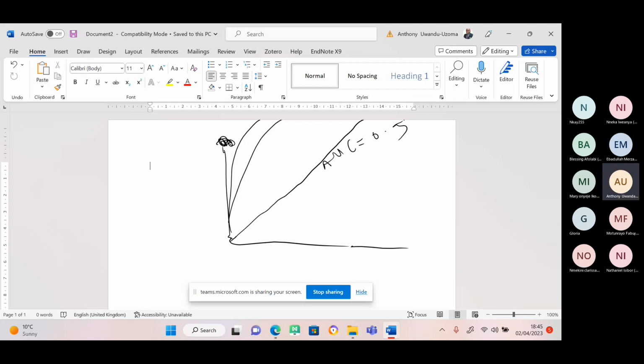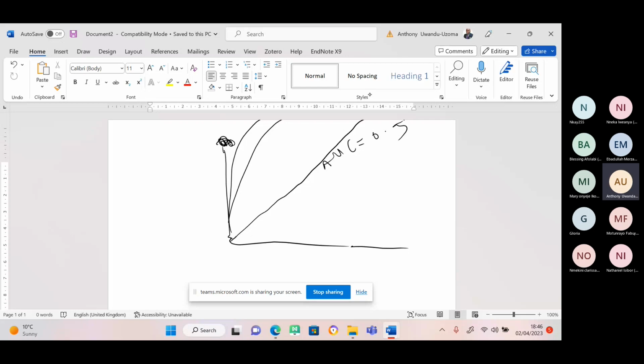Because when your AUC is 0.5, it means that the test has no distinguishing capability. It cannot distinguish those with a disease from those without a disease. So any result you are getting is random. So that is the meaning of an AUC of 0.5. And then I said that we want our AUC to be high, close to 1.